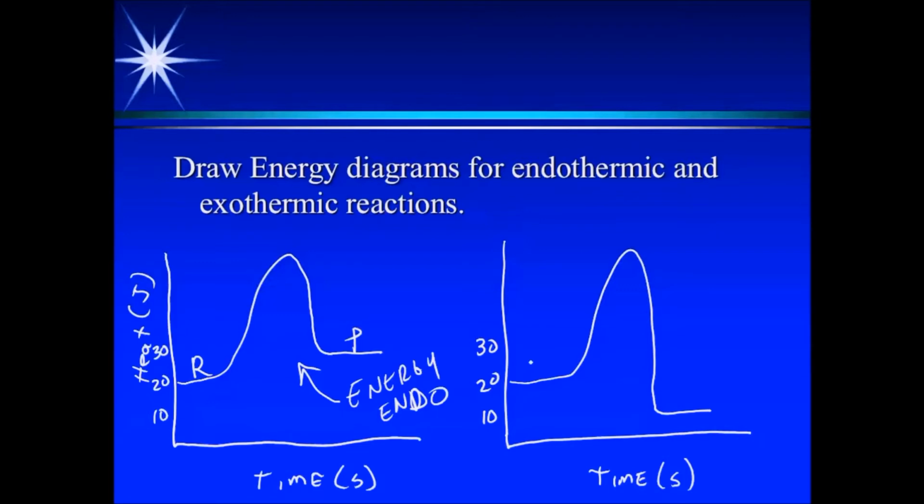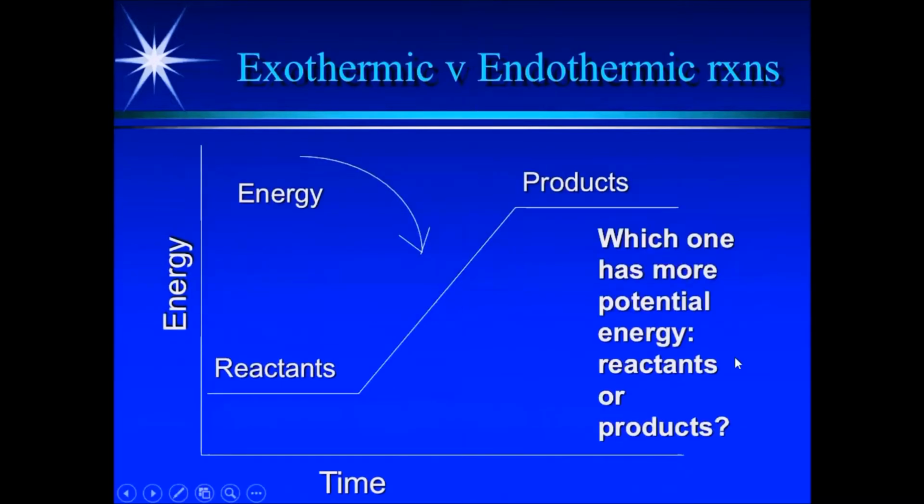Now, in this situation, Ryan invests a little bit of money to go to the mall, to become Peter, but now he has less energy. 10 joules of energy. Where did it go? It went out somewhere into the environment. He lost energy. This is exothermic.